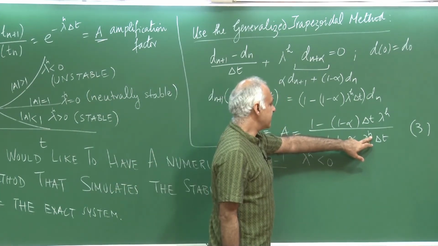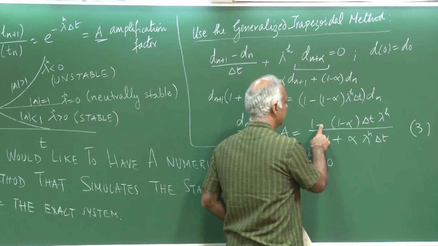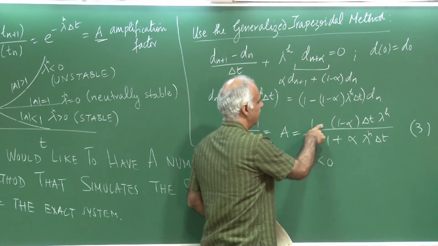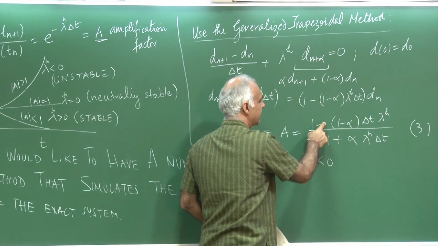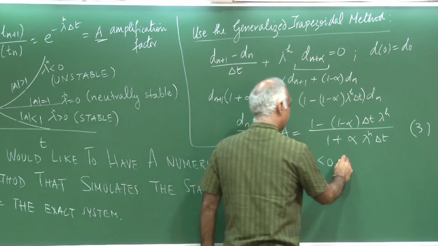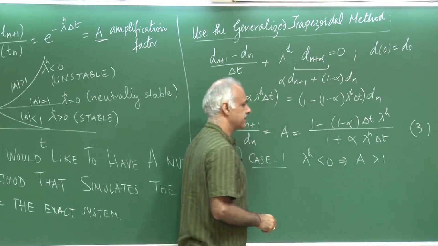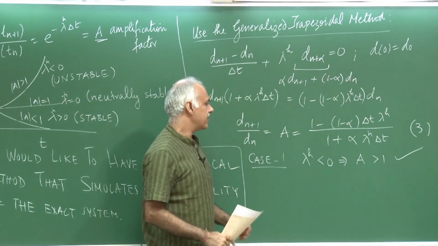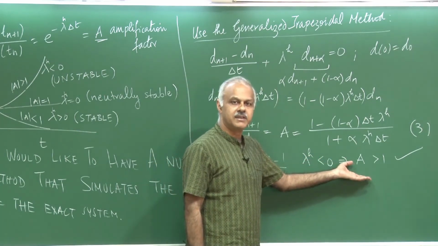Lambda h less than 0 would imply that this numerator would be greater than 1, isn't it? Since lambda h is less than 0, 1 minus alpha lambda h delta t is greater than 1 and the denominator would become less than 1. So this would imply that A is strictly greater than 1. So that's good. That means my original system was unstable and my numerical system also predicts an instability.